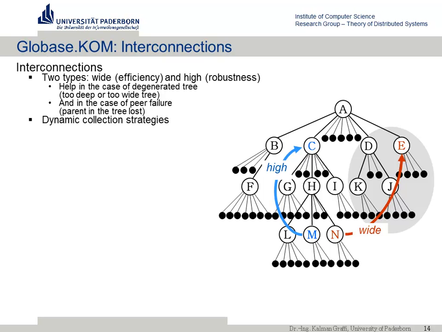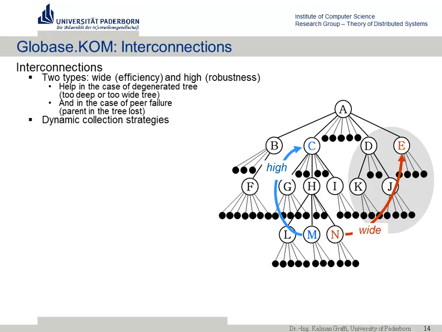Okay, so having this network topology in mind, now we come to the interconnections. So what are interconnections? First of all, up to now we only presented these links between the father nodes and the children nodes that come somehow automatically by the responsibilities. But what you want is also some robustness, so if, for example, a father node would crash, then you do not want to lose all of his children.